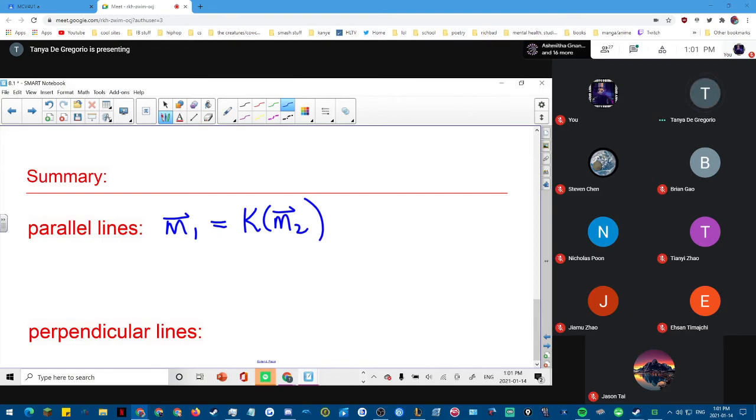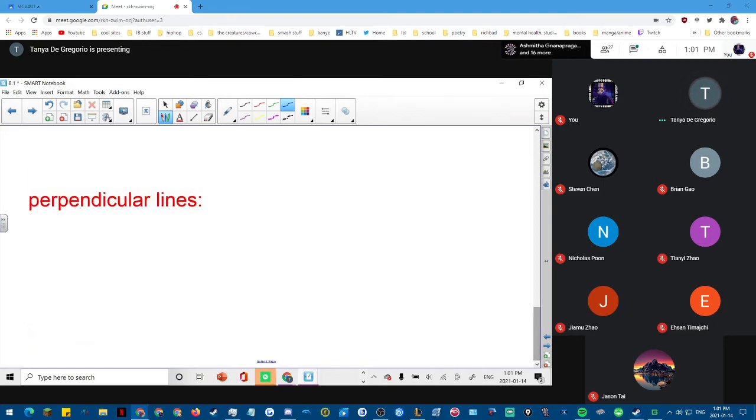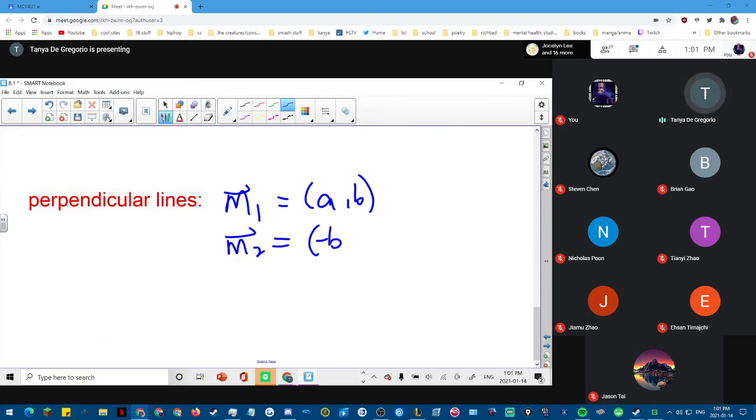Parallel lines. Perpendicular lines. If my first direction vector is A comma B, and my second direction vector is perpendicular, well, now it's going to be the negative reciprocal, which happens to be negative B comma A. Cool?